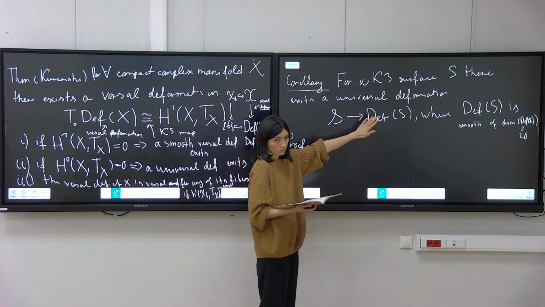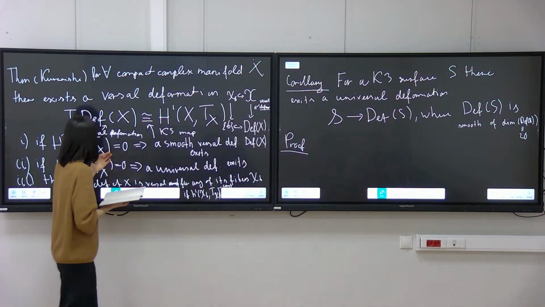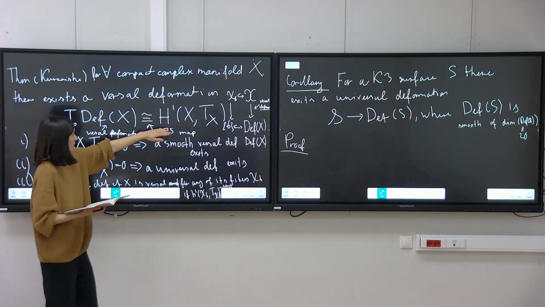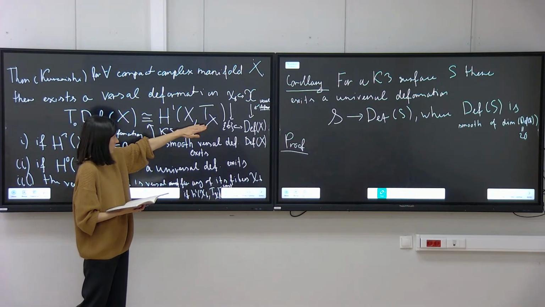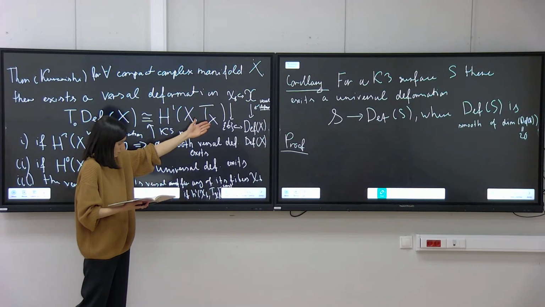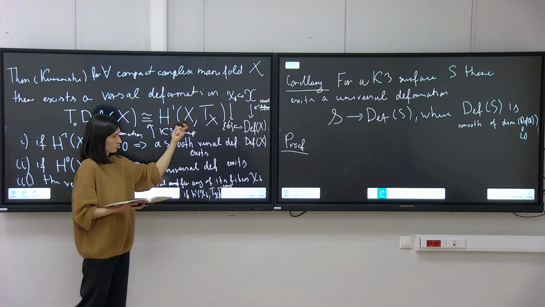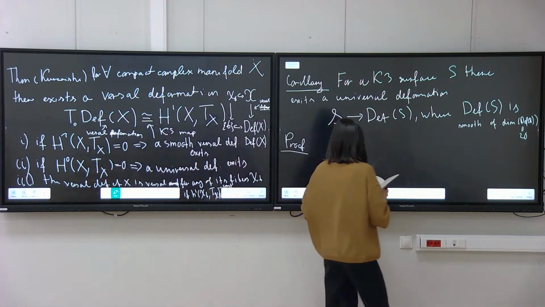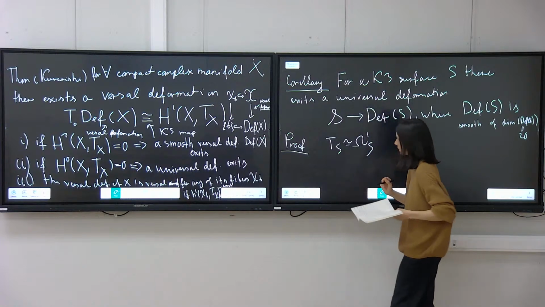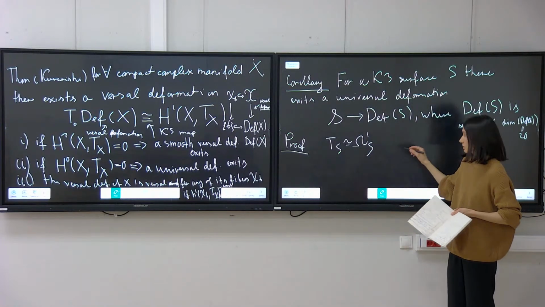What you need to show is that this is 0, this is 0, and that the dimension of this space is 20, but this follows from the identification of the tangent bundle and the first differentials on X, right? So this is an exercise.